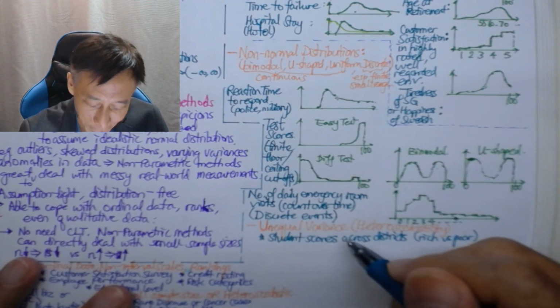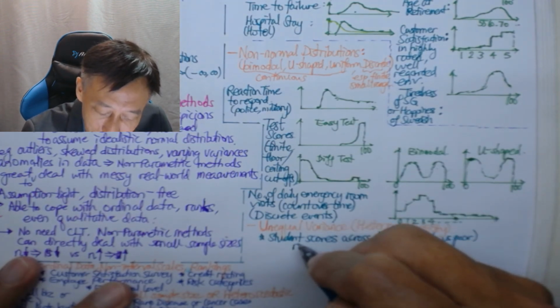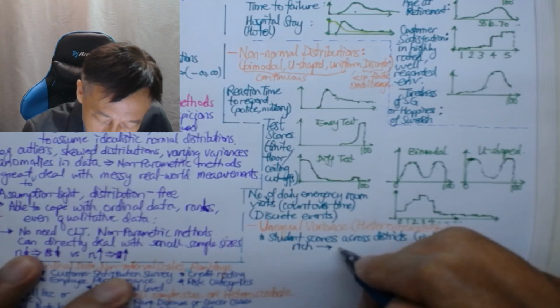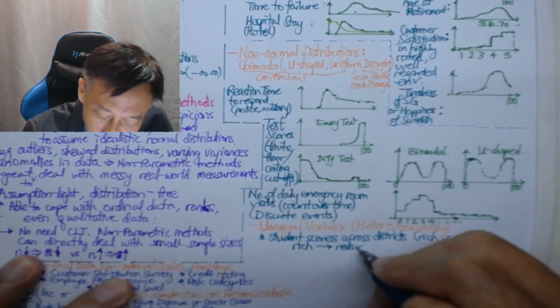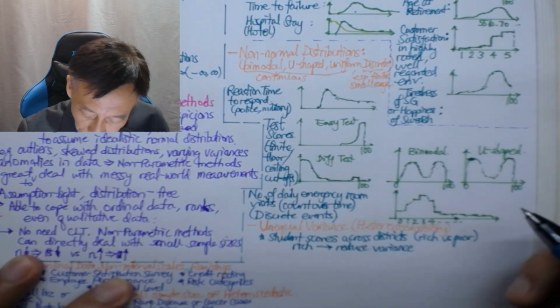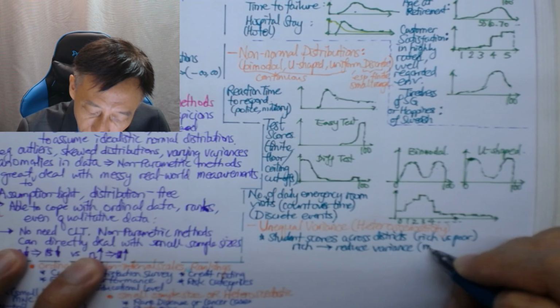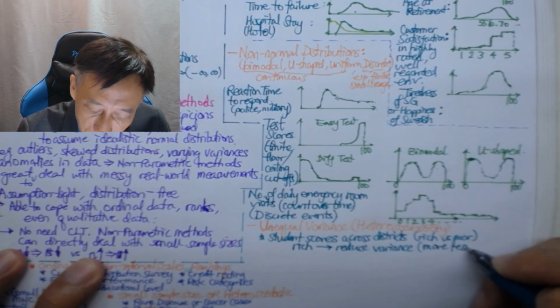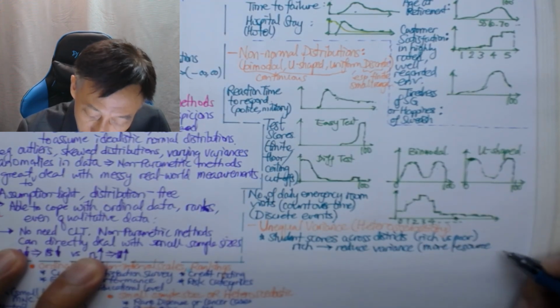But we are talking about unequal variance, right? So the rich will tend to reduce the variance in score because they have more but not infinite resources, right?